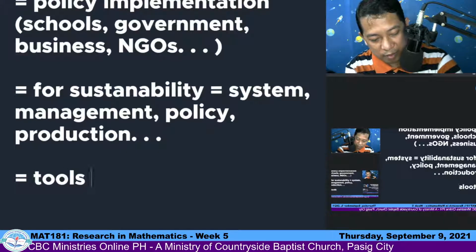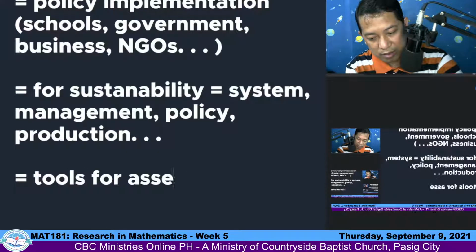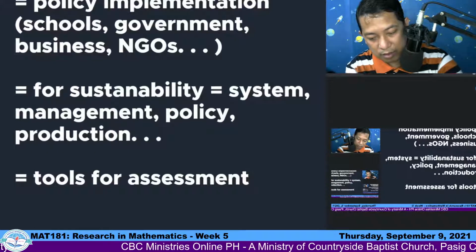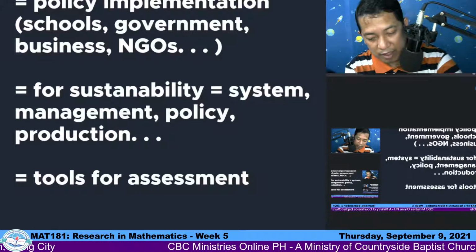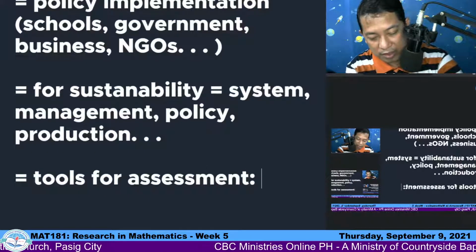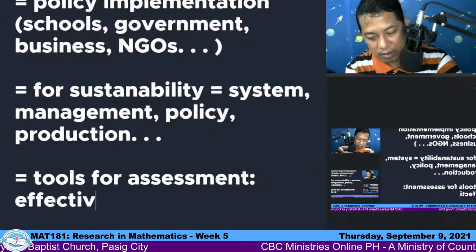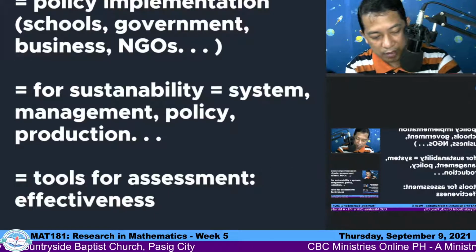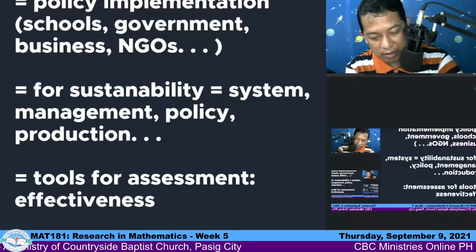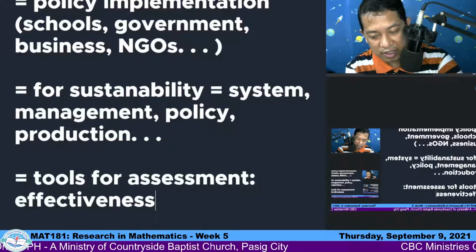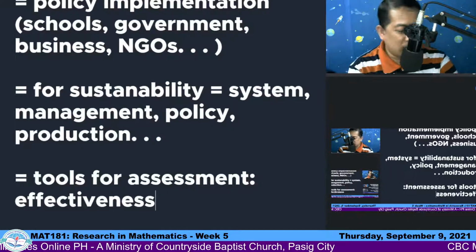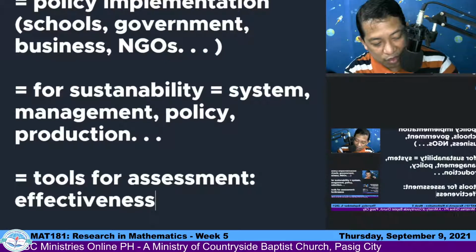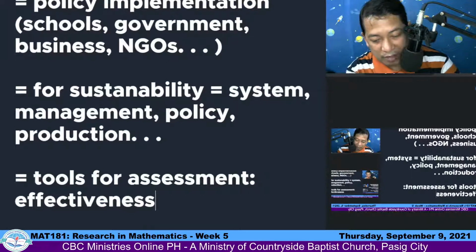We need to develop tools for assessment in terms of effectiveness, whether that be effectiveness of a particular system, policies, or production. Research provides solutions to the problems encountered in different areas.